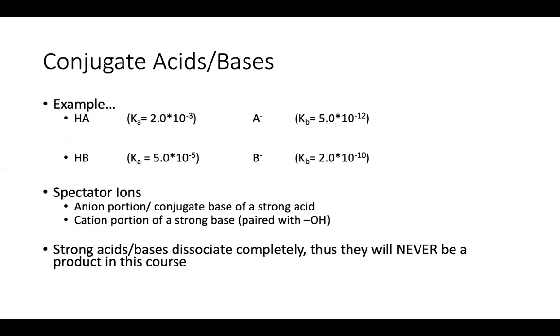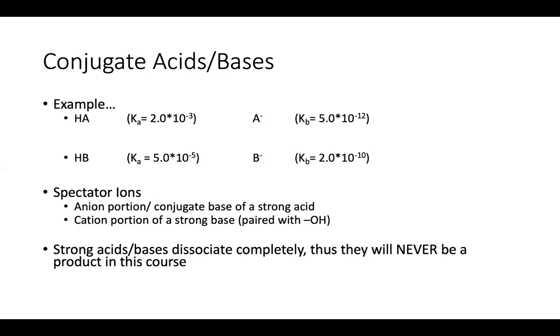Hammering home another bullet point on spectator ions: we'll see spectator ions whenever we have a strong acid. The anion portion, or the conjugate base portion, of a strong acid will be a spectator ion. And the cation portion paired with a strong base, so paired with hydroxide, will be a spectator ion, like sodium in sodium hydroxide, or in the previous example, calcium from calcium hydroxide.